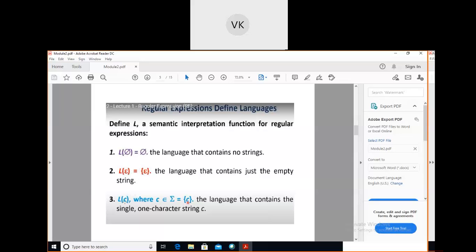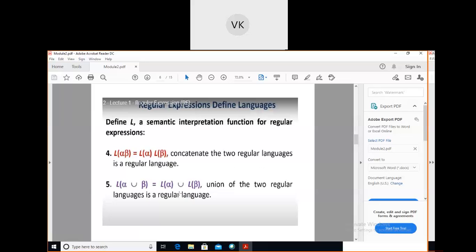The language with C, where C is a character from the alphabet set, C belongs to summation. L of null will be null only, L of epsilon will be epsilon only, L of C is equal to C. Here you see concatenation and union, which are the same as in the previous slides.